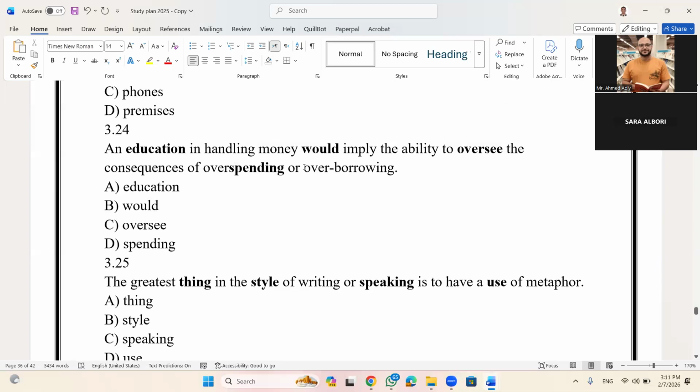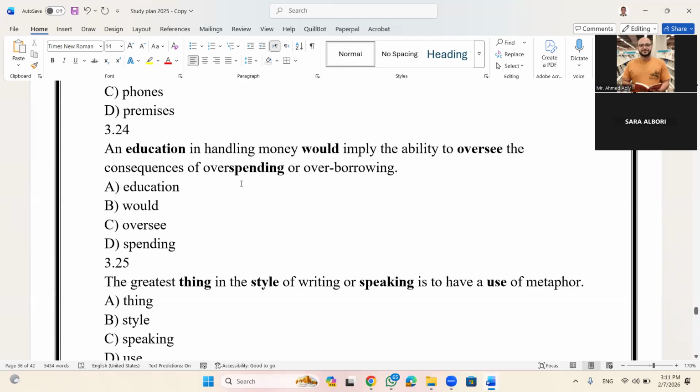Next. An education in handling money would imply the ability to oversee the consequences of overspending or borrowing.